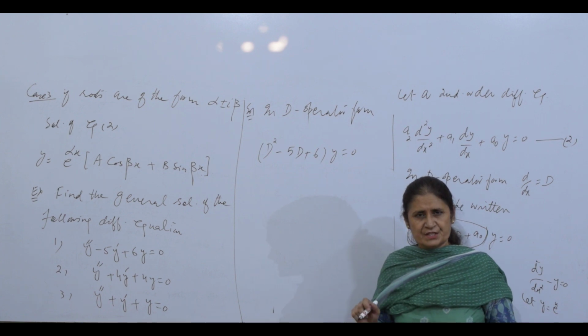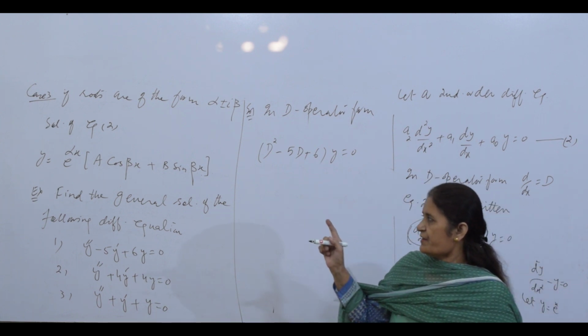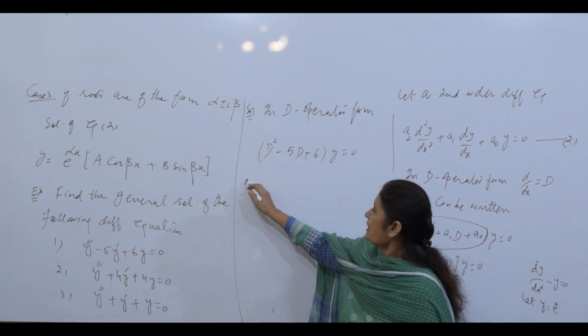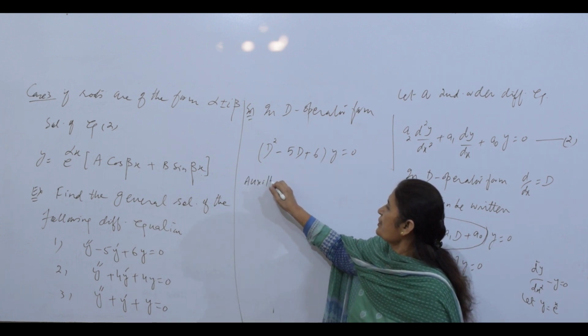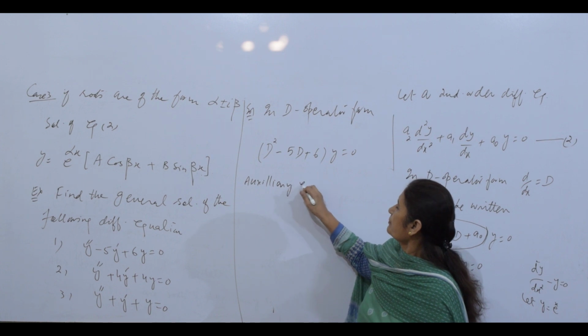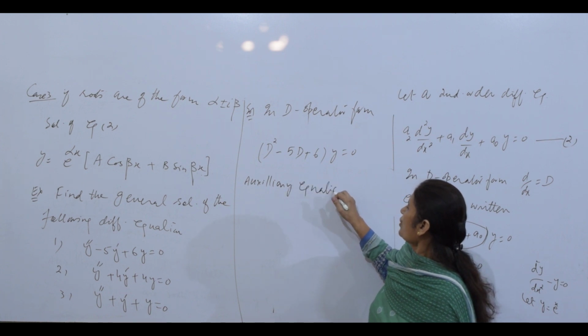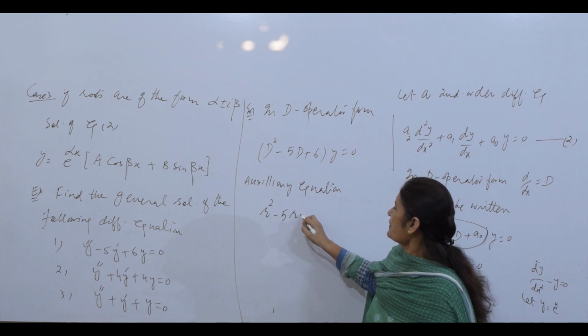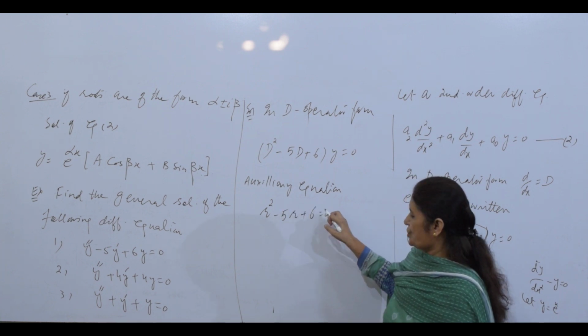Look at that. This is the D operator form. I have written the equation this way. Y is taken out. From there I am writing the auxiliary equation: r square minus 5r plus 6 equal to 0.